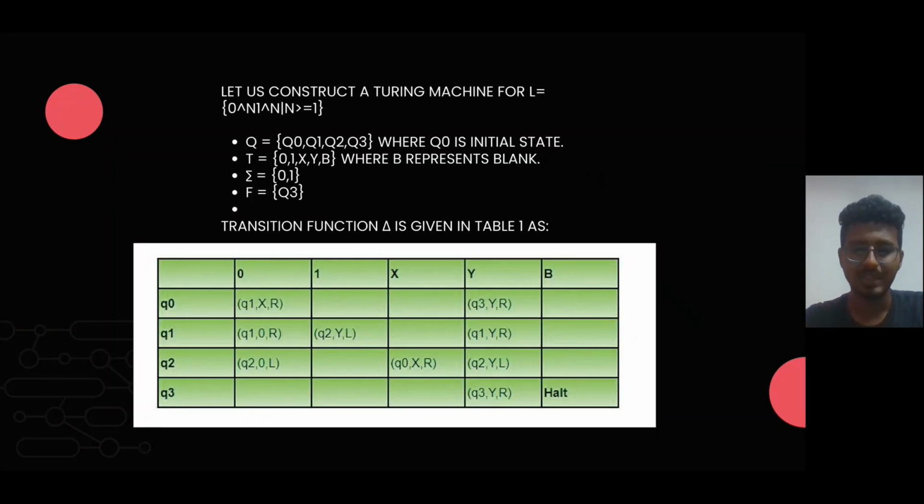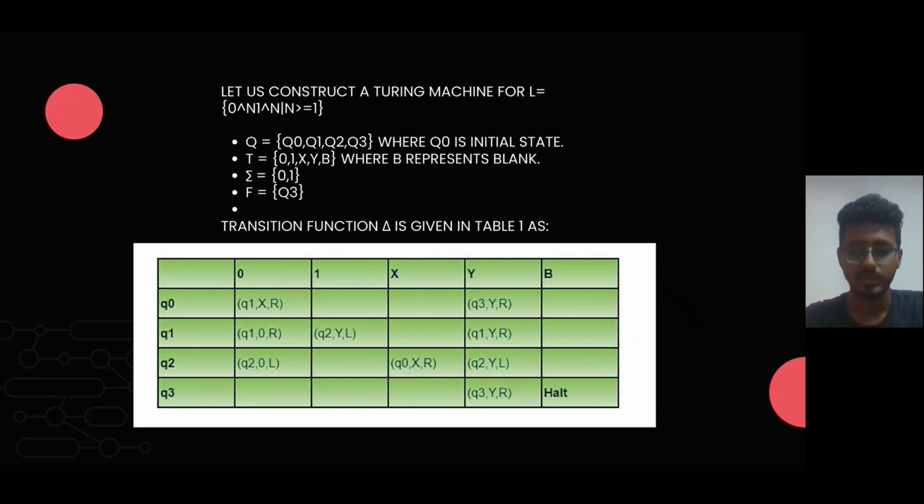So let us see an example of a basic Turing machine for the language which accepts an equal number of 0s and 1s, such that the number of 0s or 1s is greater than or equal to 1. Such a language can be represented in a simple format such as L equals 0 power n, 1 power n, such that n is greater than or equal to 1.